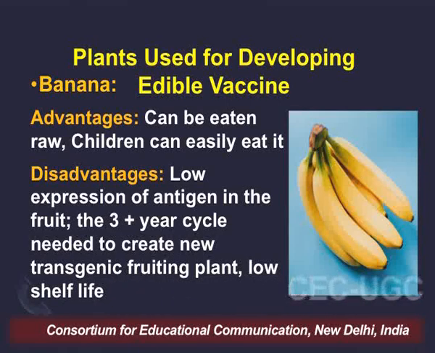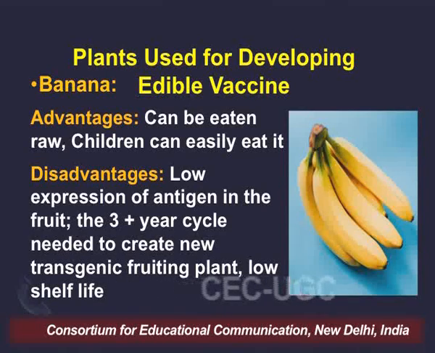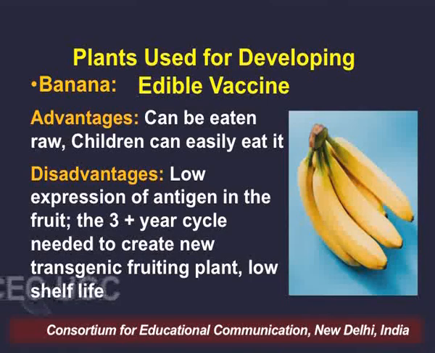So I will discuss a few examples, like banana is one such fruit that has been used to develop vaccines for hepatitis B, for cholera, for HIV, and there are certain obvious advantages of banana, that it can be eaten in the raw form. No cooking is required, and children can easily eat it. But there are certain disadvantages also, that it has low expression of antigen.